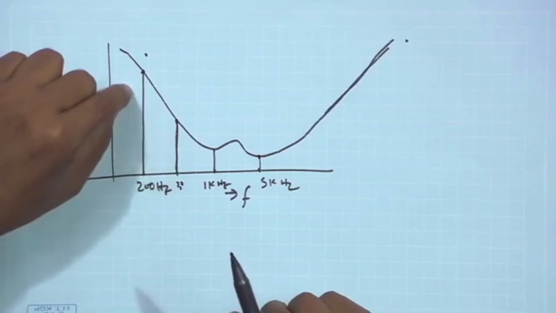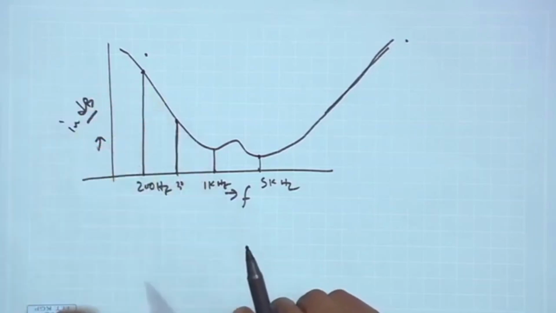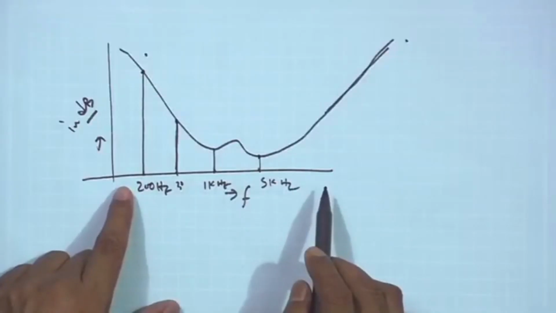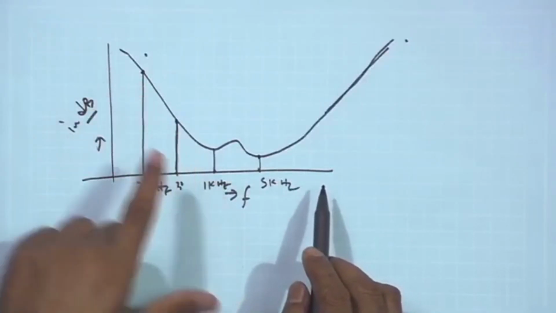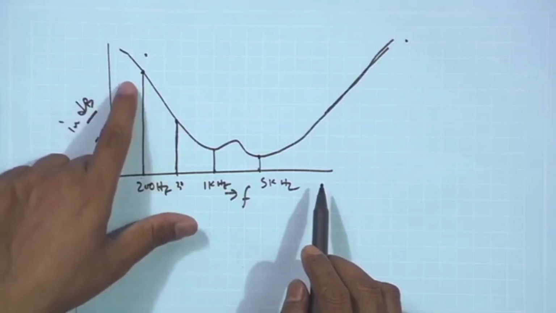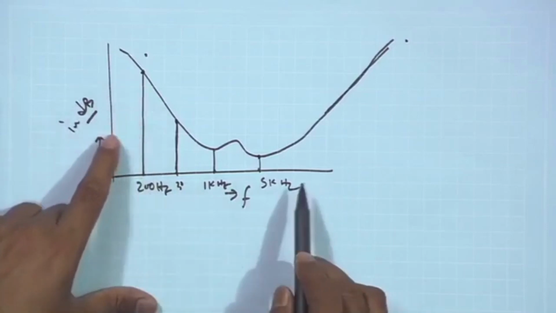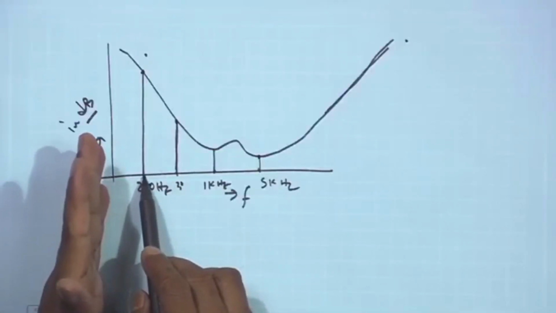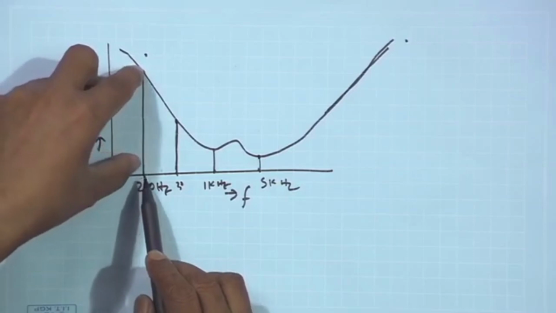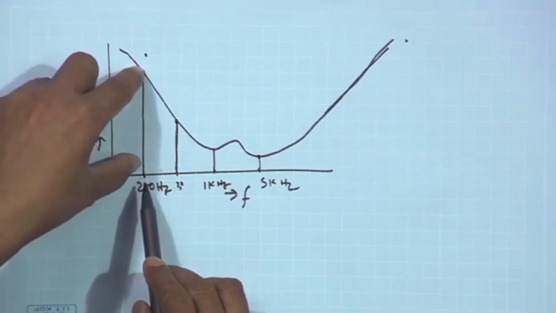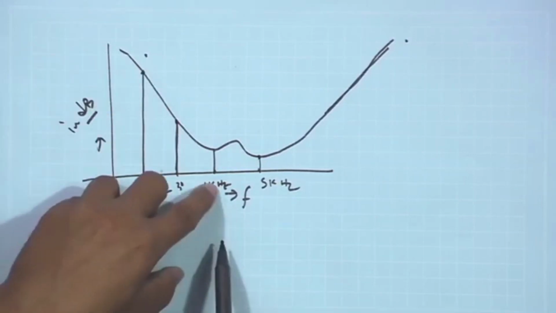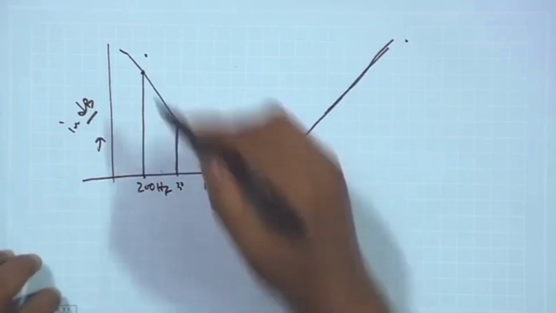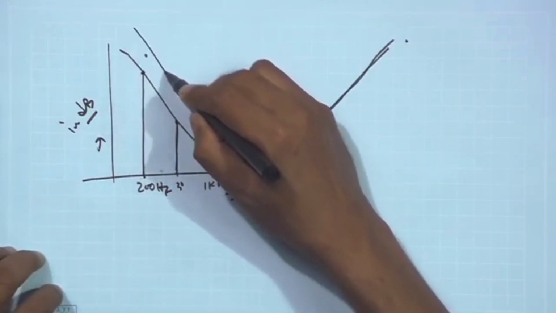This is the minimum intensity required to create a sensation in the human ear. Since the frequency response of the sound perception is different for different frequencies, for 200 hertz I require larger intensity to reach the threshold of hearing compared to 1 kilohertz. Similarly, this is a 10 dB curve.